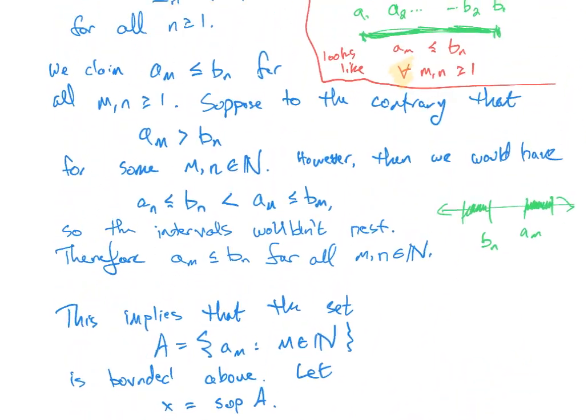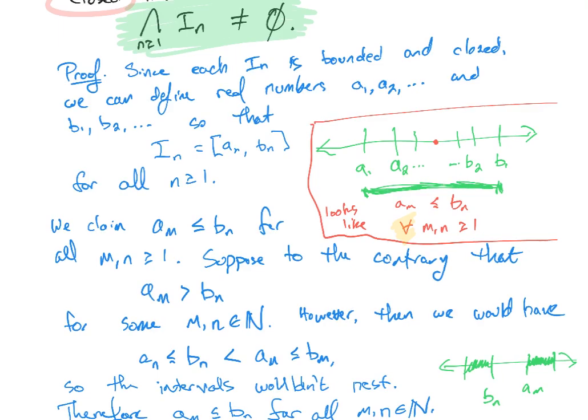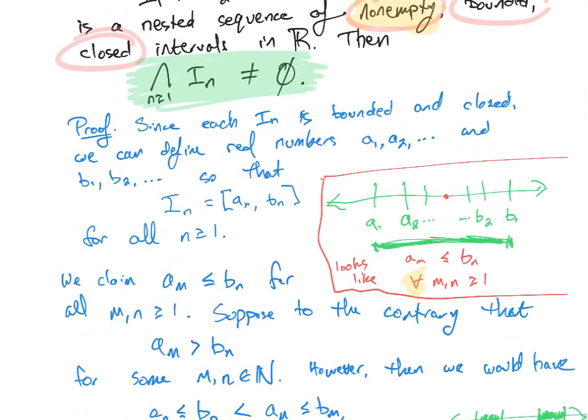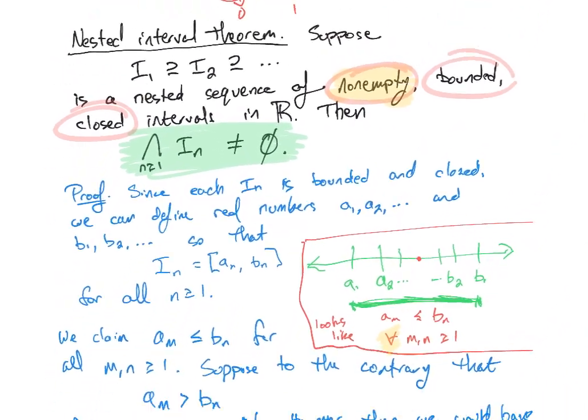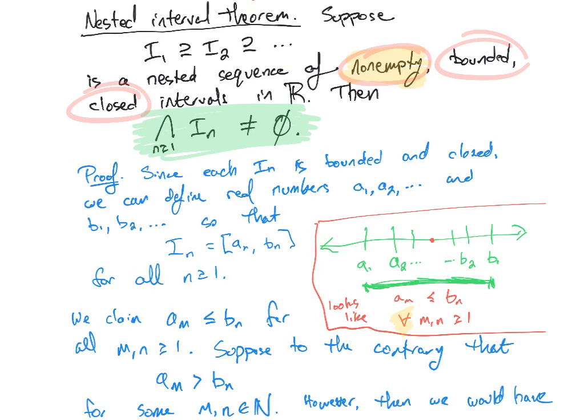The proof was kind of long, but that's because we wrote out a bunch of steps. The first thing we had to do was introduce some notation so we could actually talk about these endpoints.